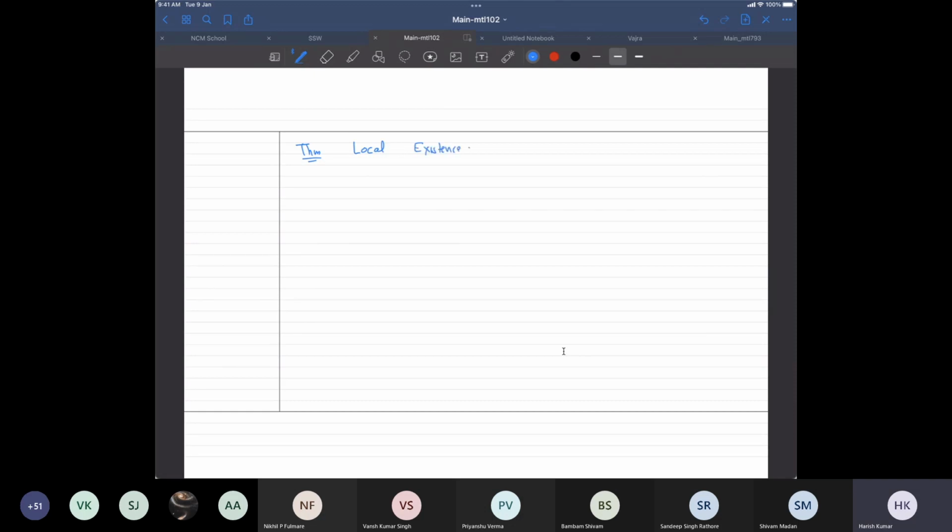The statement is exactly the same, but this time the statement is in a rectangle in Rn plus 1.